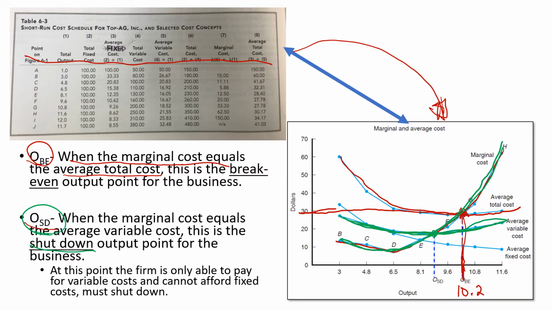This is the point where the firm is only able to pay for their variable costs. They're not able to pay for any fixed costs, so they're actually short money, the difference between their total costs and their variable costs, which is their fixed costs. So when they're not able to pay for their fixed costs anymore, that's a point when the firm should shut down.